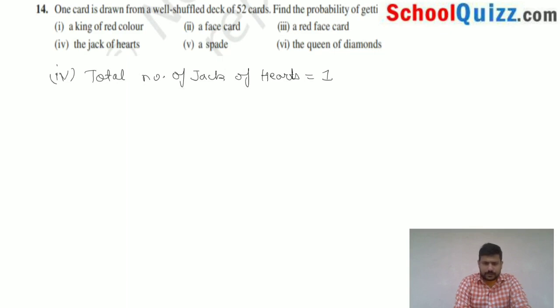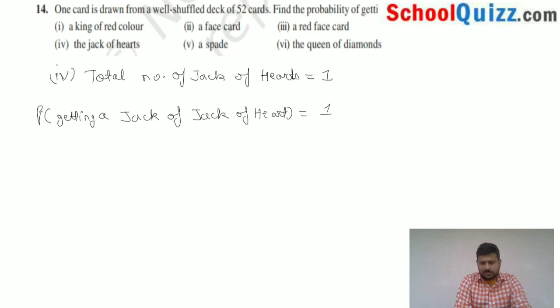Now probability of getting a Jack of Heart is equal to 1 by 52, because we have only one favorable outcome and we have 52 total possible outcomes, so it becomes 1 by 52.